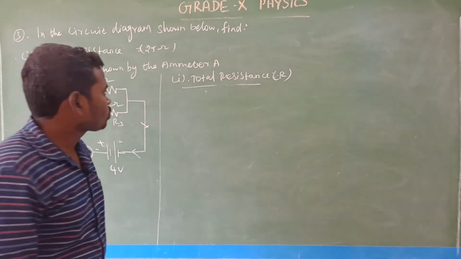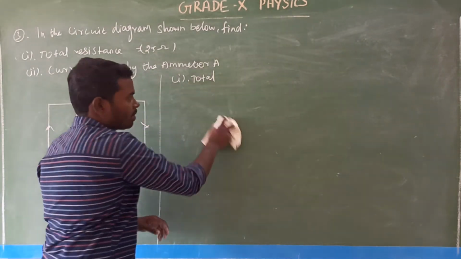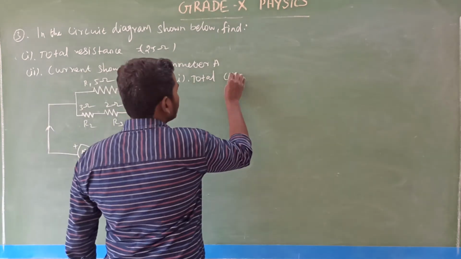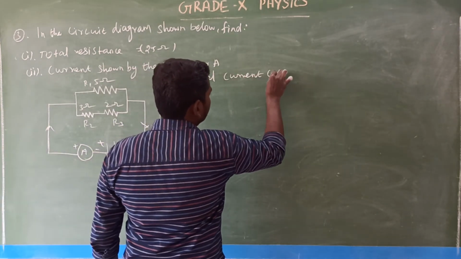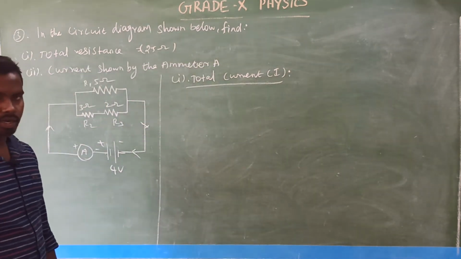Okay, students, next one: the total current. How much current is flowing through this circuit? That is the I value.